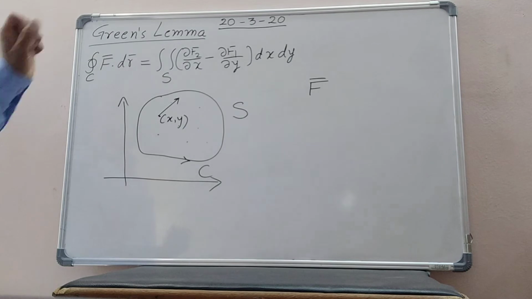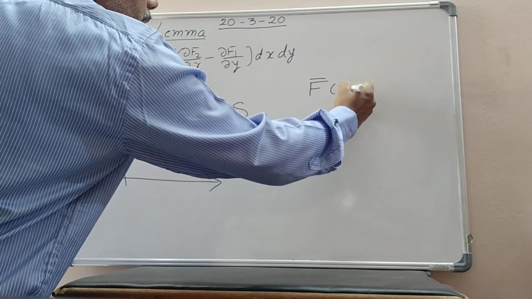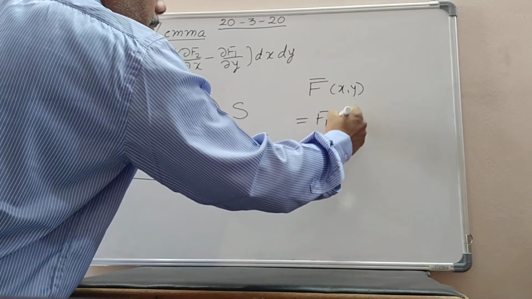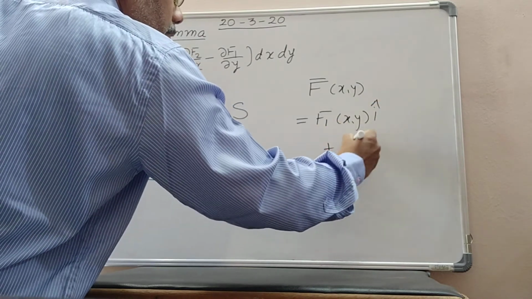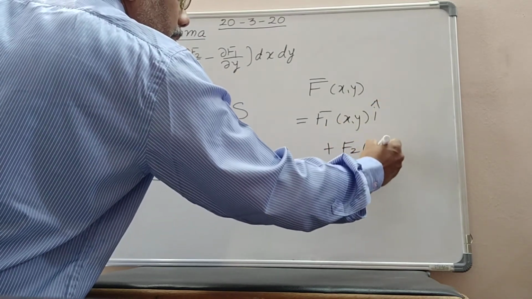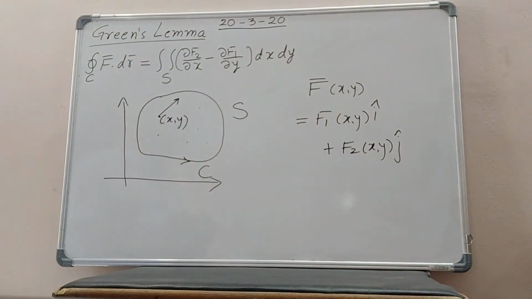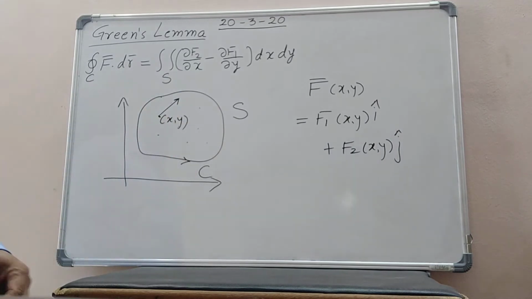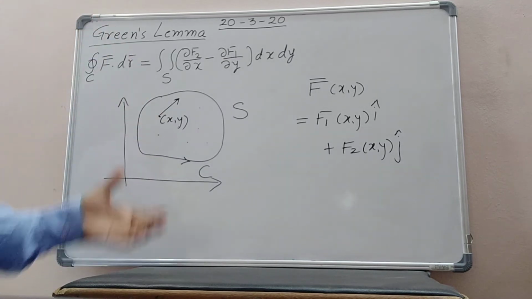The arrow itself is the vector f bar. So you can imagine that at every point of S, there's an arrow like this. And therefore we say that f bar is a vector field on S.